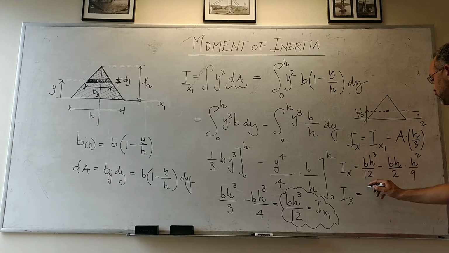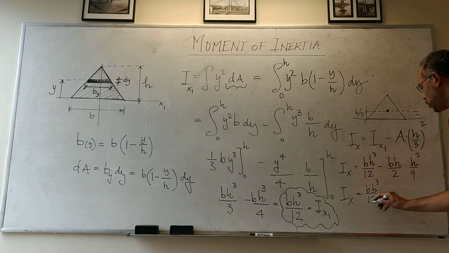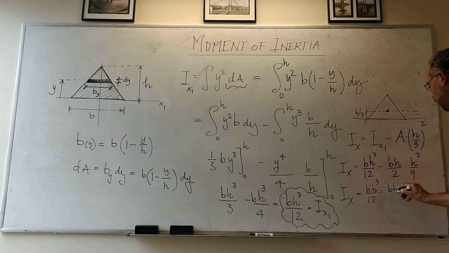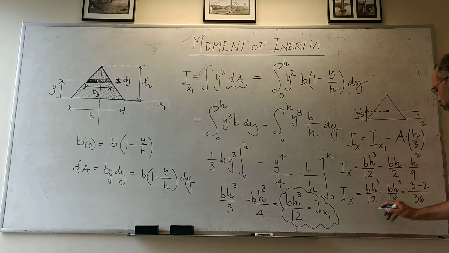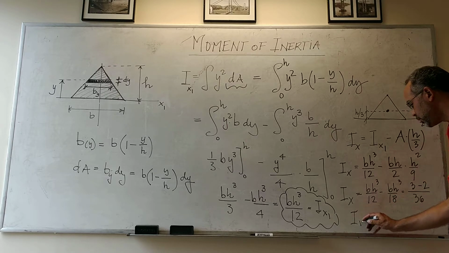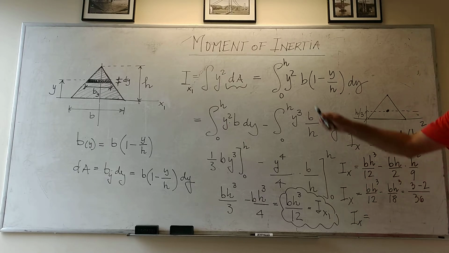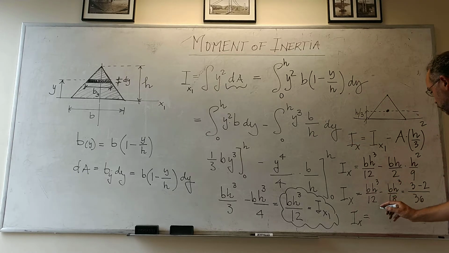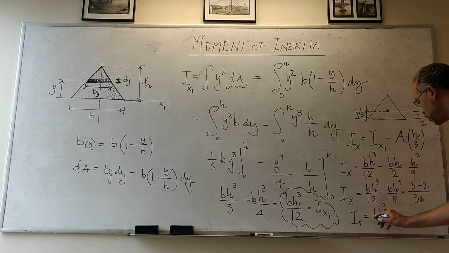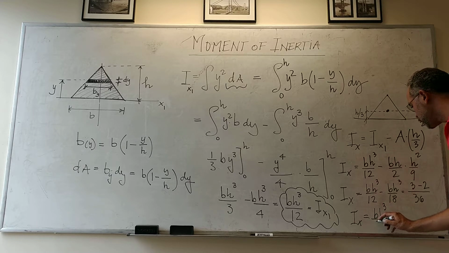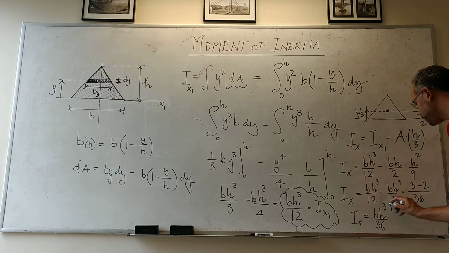But when you subtract it, you get bh cubed over 12 minus bh cubed over 18. The common factor is 36, so this becomes 3 minus 2. And the final answer for the moment of inertia around the centroid of the triangle is bh cubed over 36.